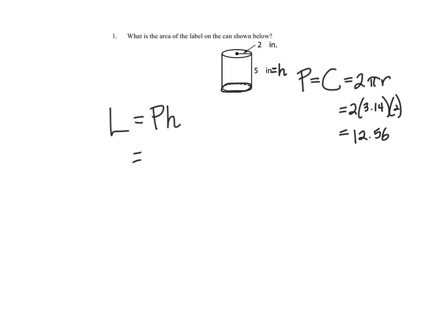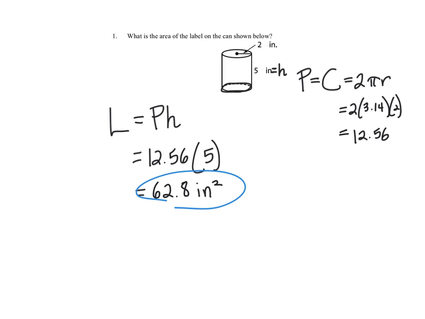So your lateral surface area, or the area of the label, would be 12.56 times 5. The area of the label is 62.8 inches squared. Now you try question number 1 on your homework assignment.